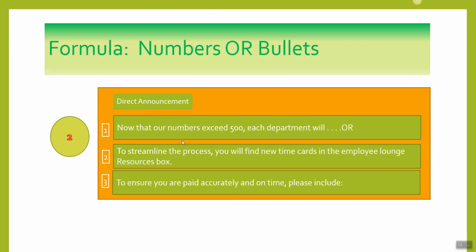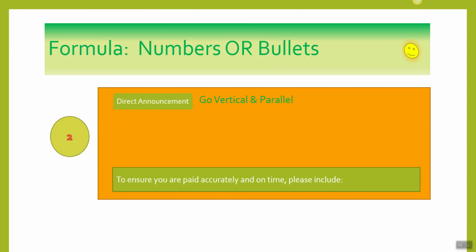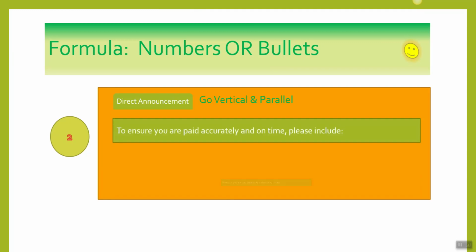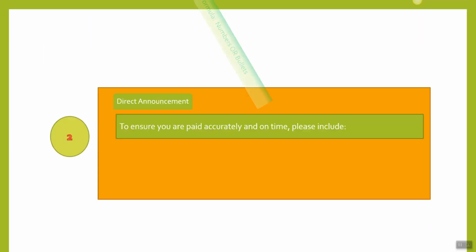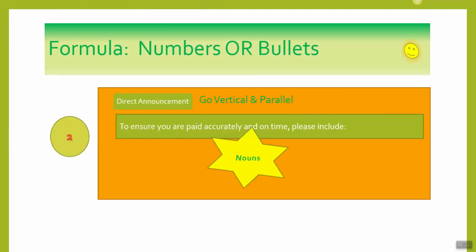So we have our basic explanation paragraph. We've got a leader that says please include, and if we use the please include, then we're going to need nouns. And that's because you include things, items, nouns.